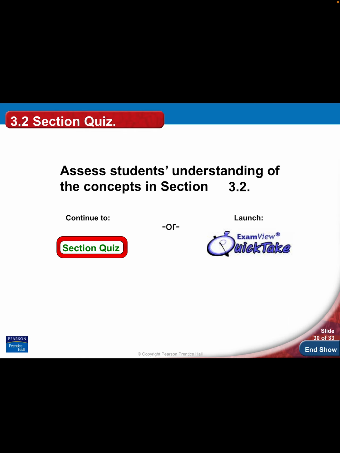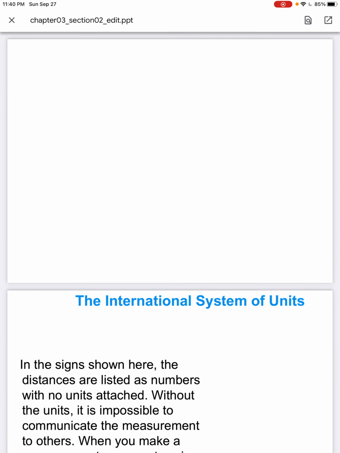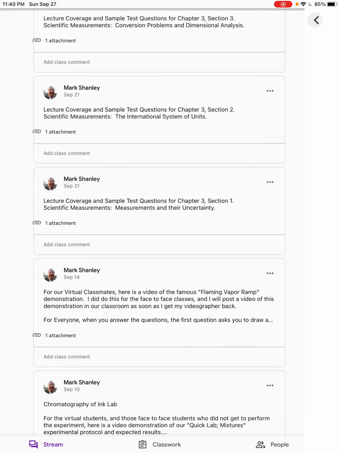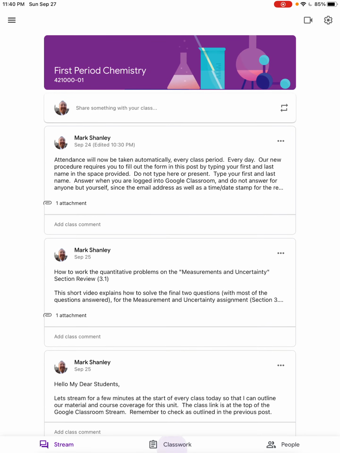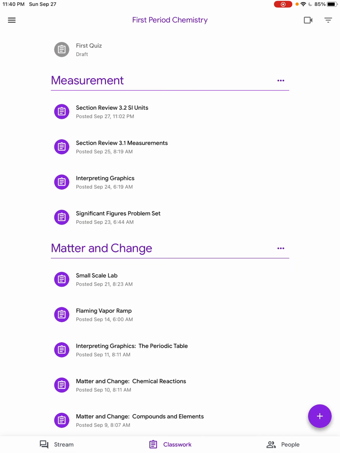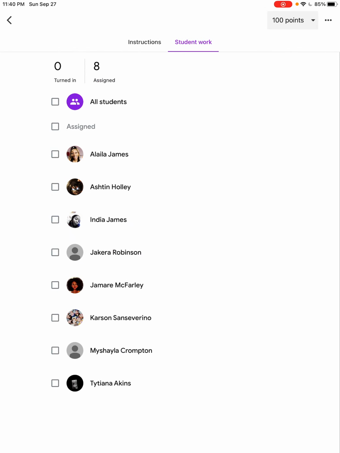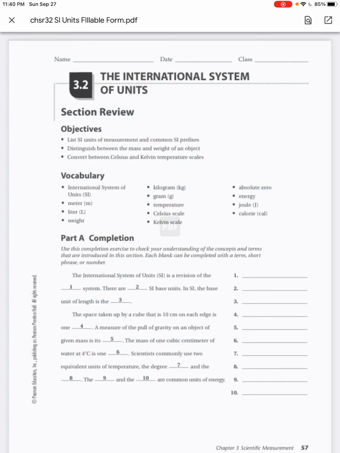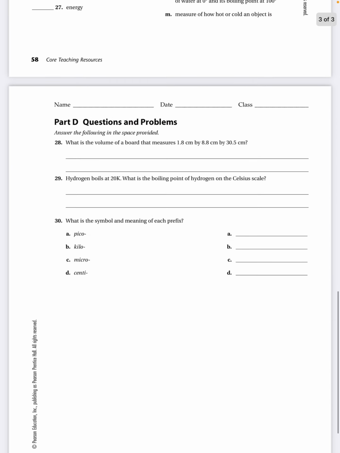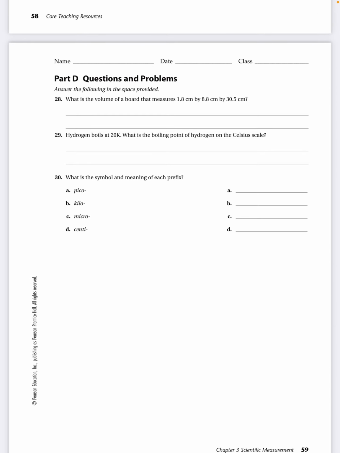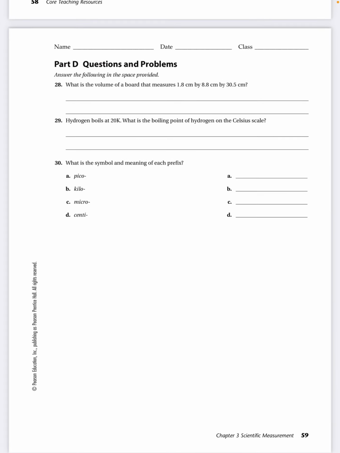So all I wanted to do was to briefly mention one aspect of your homework, and that is, if you look at the new assignment, it has some problems at the end. And those problems include several conversions. What is the volume of a board, in question 28, that measures 1.8 by 8.8 by 30.5 centimeters?